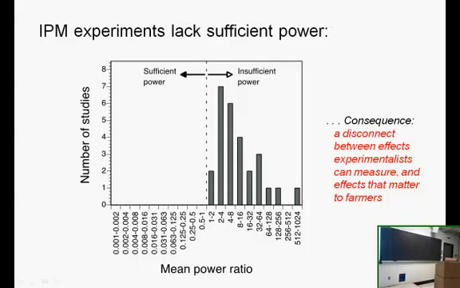Okay, we want that value to be less than 1. So to the left would be sufficient power, to the right would be insufficient power. Notice that this is plotted on a log scale, so each of these categories is a 2-fold increase in this power ratio. And what you can see is it's a sad story. Okay, not one of the studies we reviewed had sufficient power to allow the researchers to actually quantify the effect size that matters to farmers.